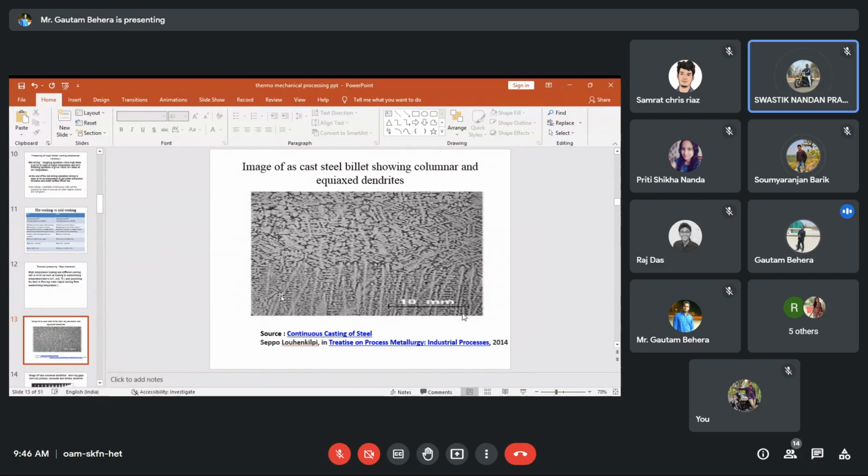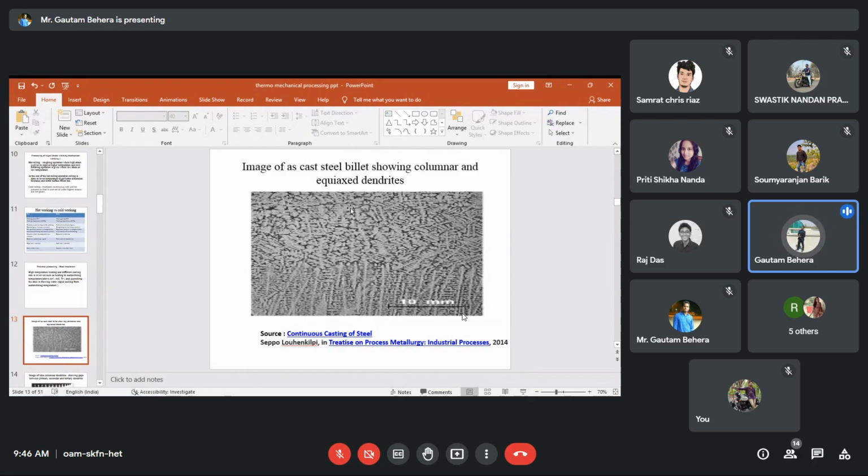The bottom part is showing you columnar dendrites, or directional dendrites, because these dendrites have a particular orientation from bottom to top in this image. And these are equiaxed dendrites. Dendrites are there, but they are equiaxed, meaning random orientations.